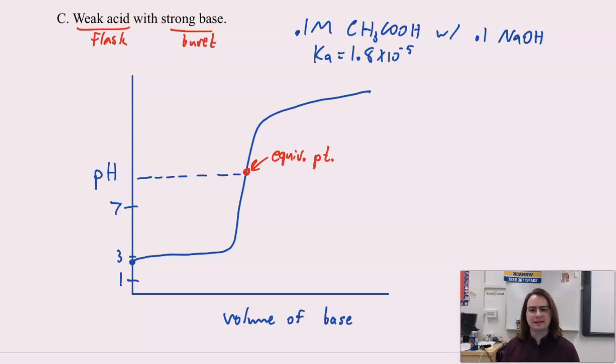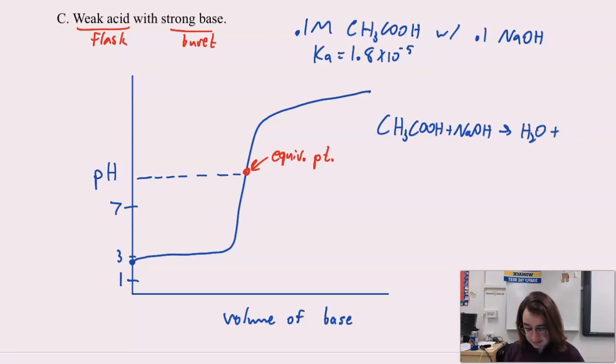That's interesting. Let's look at the equation that this forms. So let's write out the equation. This should be CH3COOH plus NaOH, and this is going to do a little bit of double replacement. So we're going to have H2O and NaCH3COO.